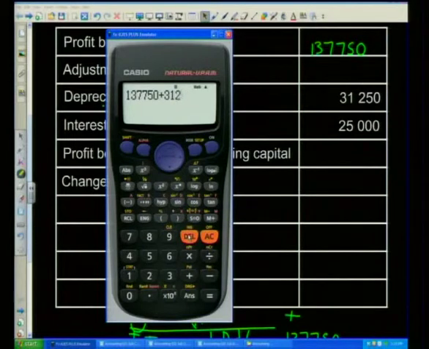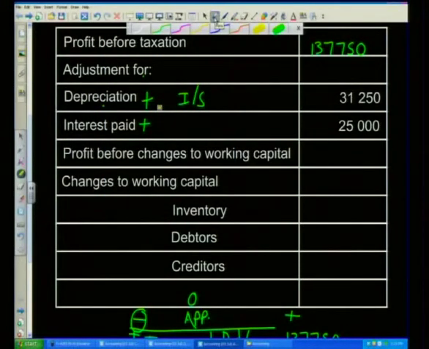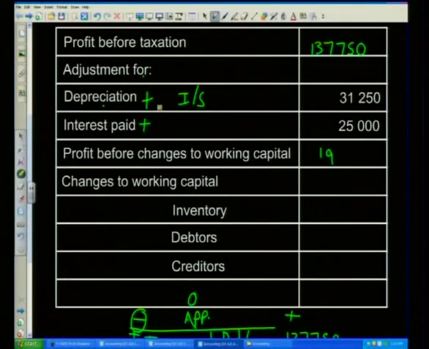Okay, too many twos there. 50, and then plus 25,000 to give me my operating profit before changes to working capital, 194,000. So let's write that in. And let me make sure I'm writing it in the correct place, an amount of 194,000. Okay, easy, simple, guys.